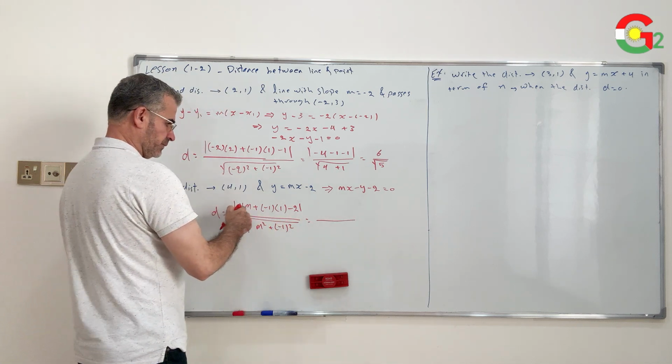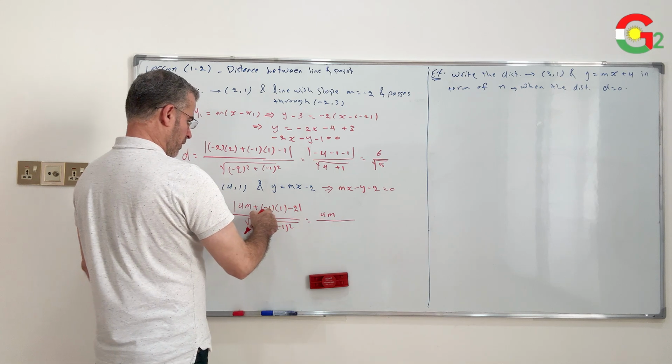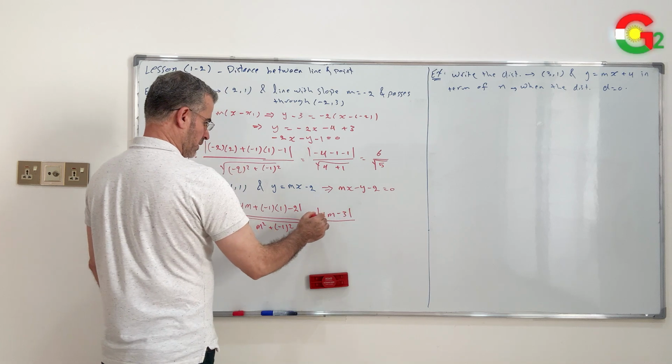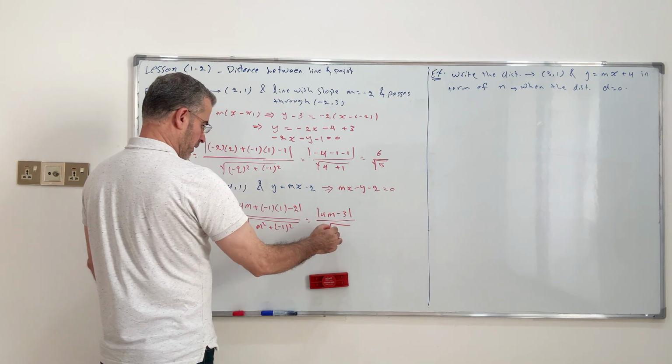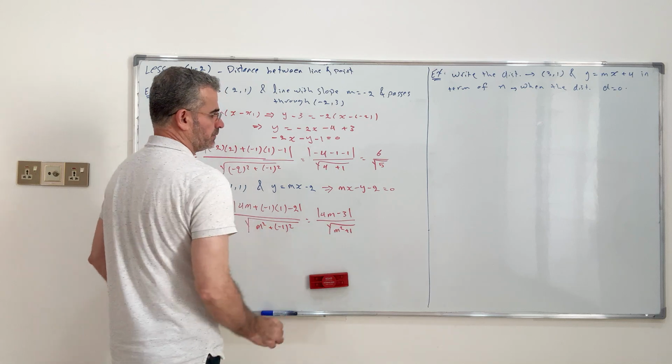Simplify this equation. 4m minus 1 minus 2, 4m minus 3 in absolute value over square root m square plus 1.